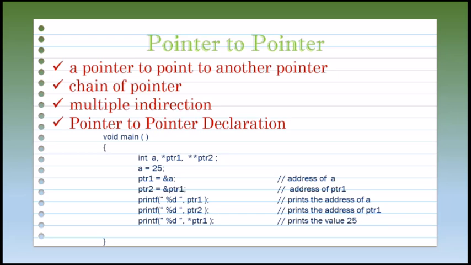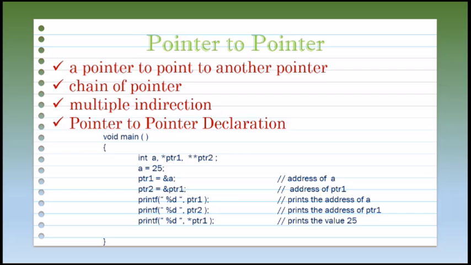In the next line, instead of ptr1, we are printing star ptr1. When we use star while printing a pointer variable, it will print the value which is stored at that address. ptr1 is holding the address of a, so the value stored at that address will be printed.